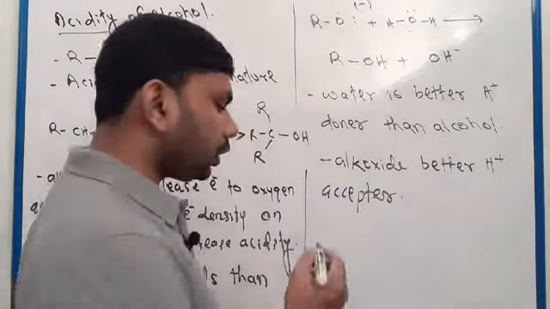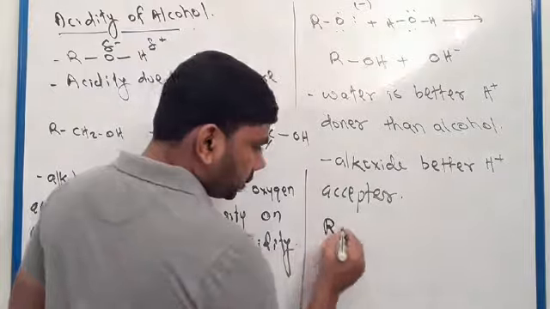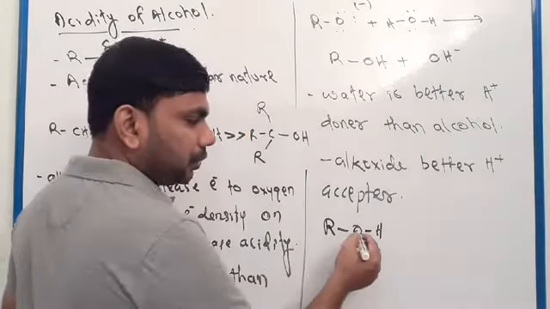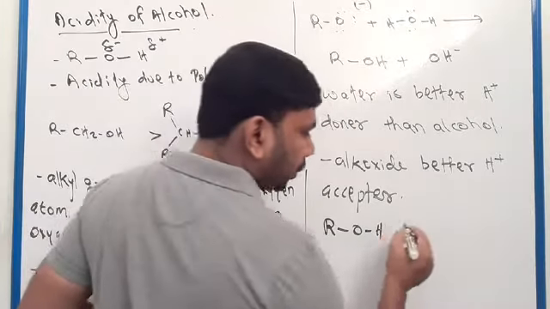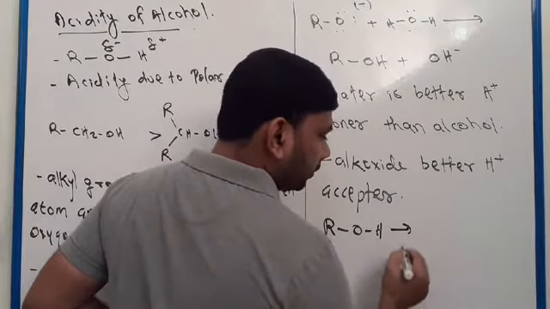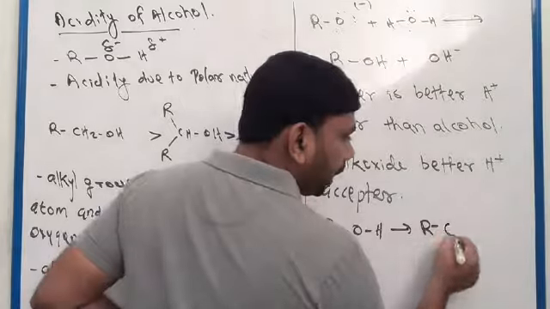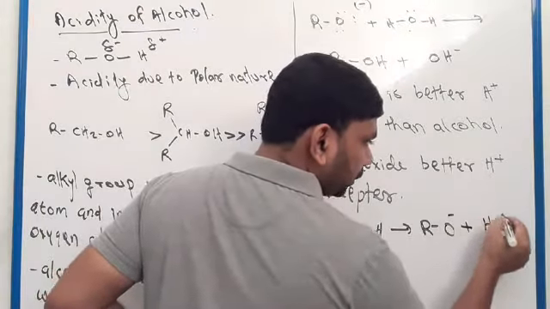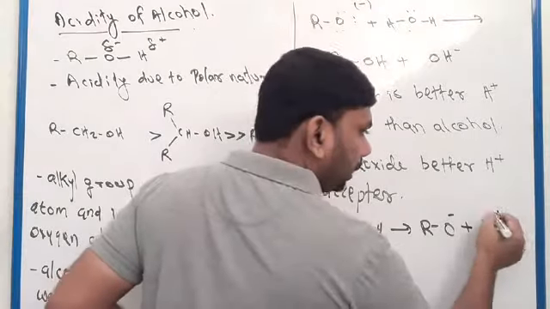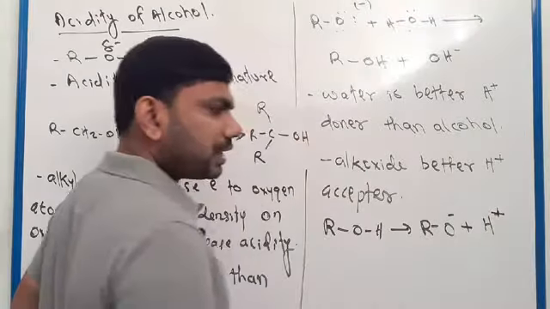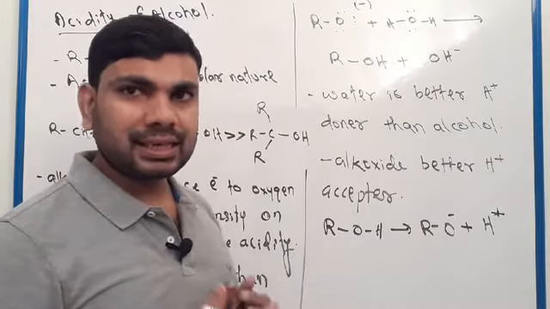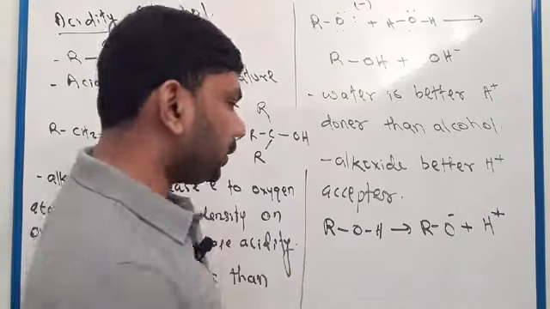We know alcohol is ROH, with an alkyl group and an OH functional group. Alcohol, after dissociation, forms alkoxide and hydrogen ion. So alcohol donates H plus and behaves like an acid.